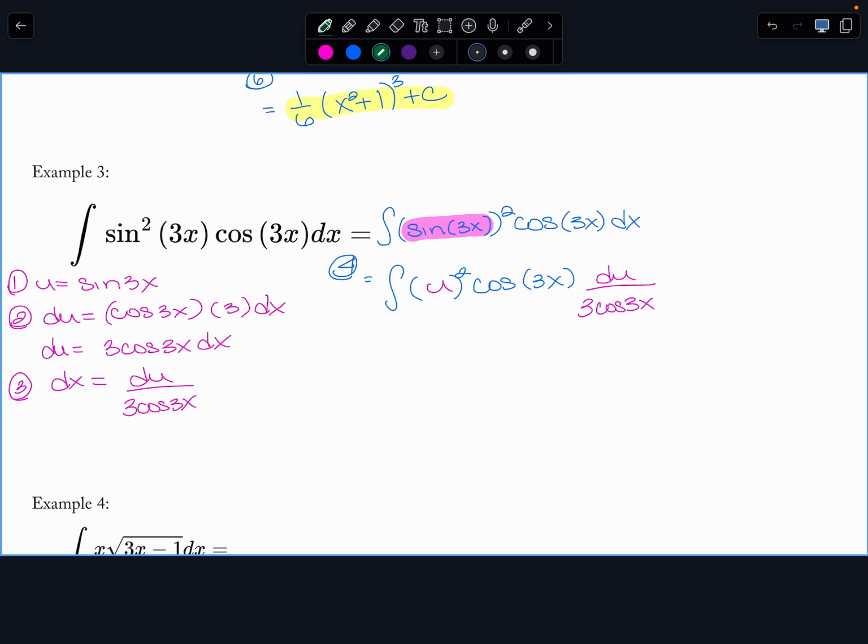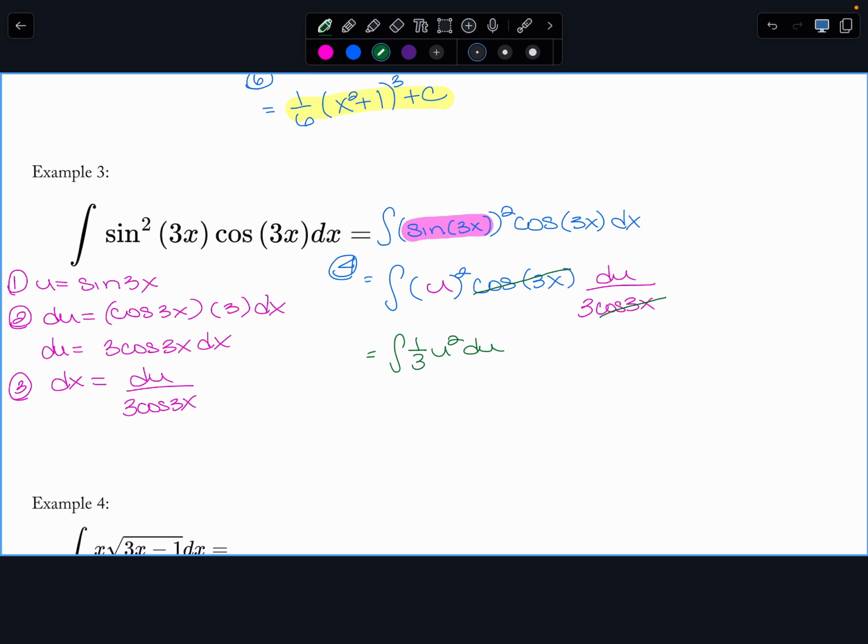And this is what I'm talking about. I don't need to do a double u substitution because that cosine of 3x is going to cancel out. So then I'm left with the 1/3 u squared du.